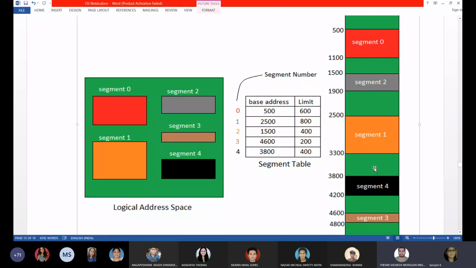Students, one more thing you have to remember. In this example, we have shown only one program's segments. But in a multi-processing system, listen properly, many programs will be split into many segments.